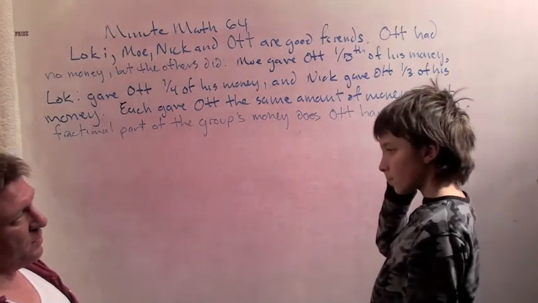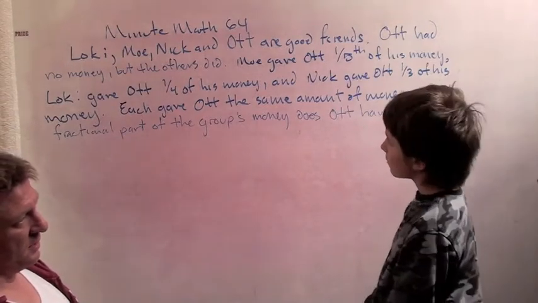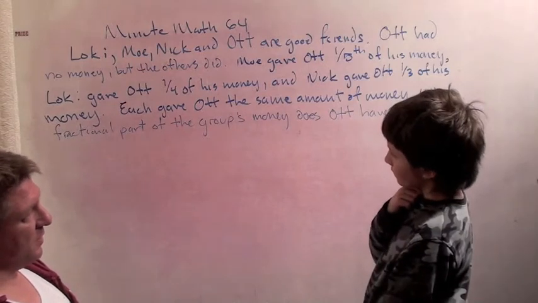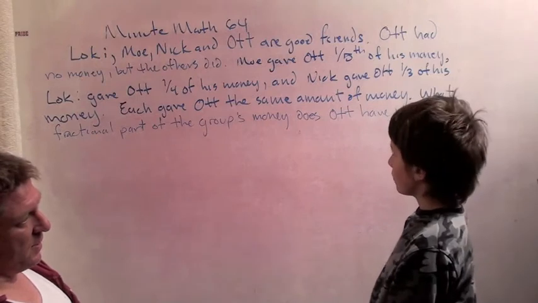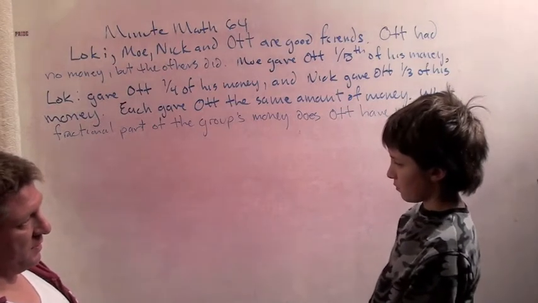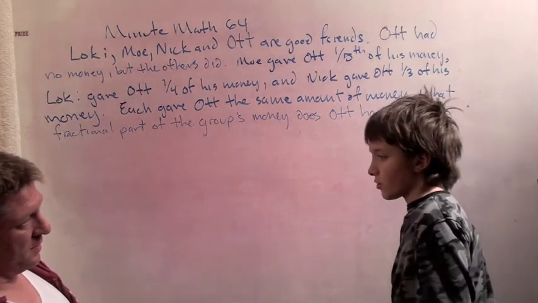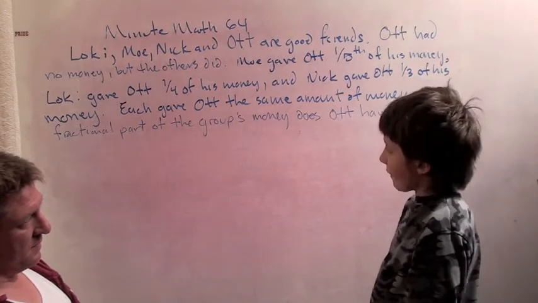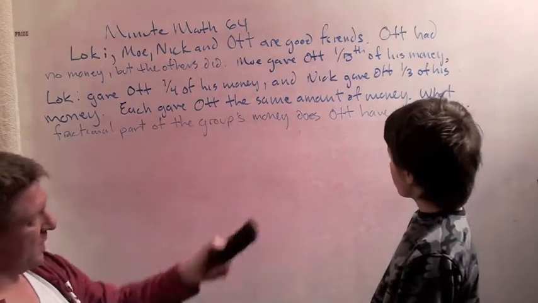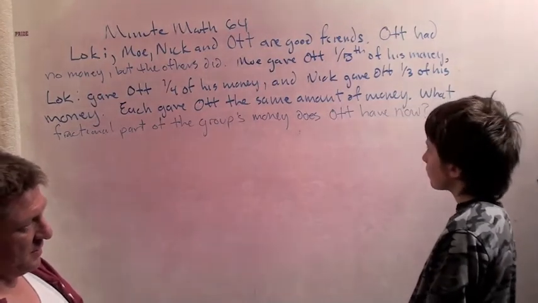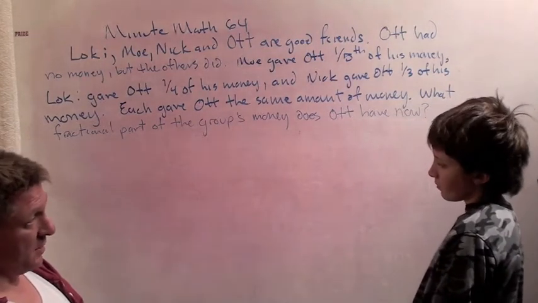What's a very simple assumption you could make here? They each gave him the same amount of money. They can't start out with 0, but think about how much money they gave him. How much money do you want to pretend they gave him?